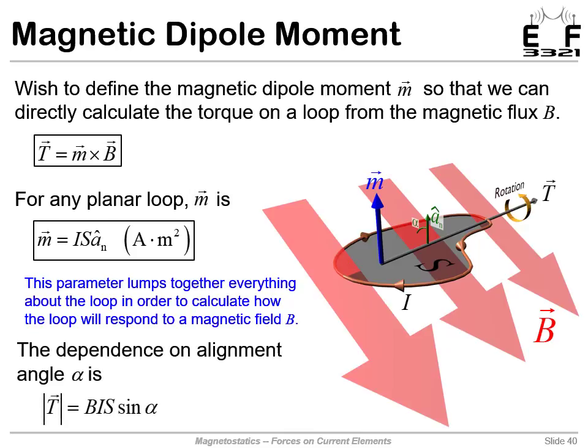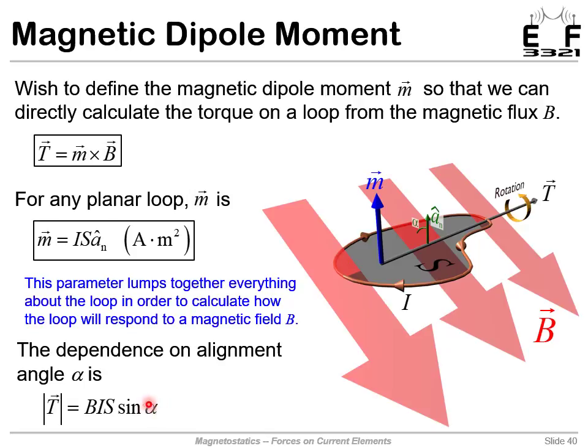And just one other thing, let's look at the magnitude of that torque when we think of this angle alpha, because the B field really could be at any angle relative to that loop. We see that there's a sine alpha there. This sine is maximized when alpha is 90 degrees. So when the B field is in the plane of the loop, that's when we get the maximum torque.